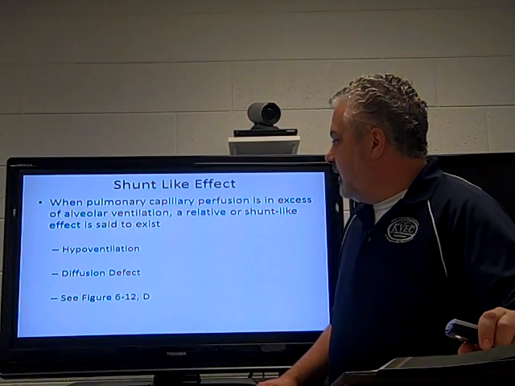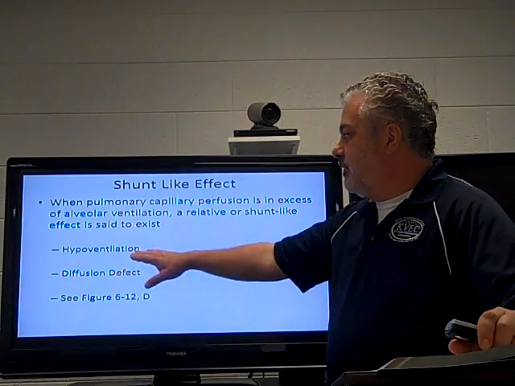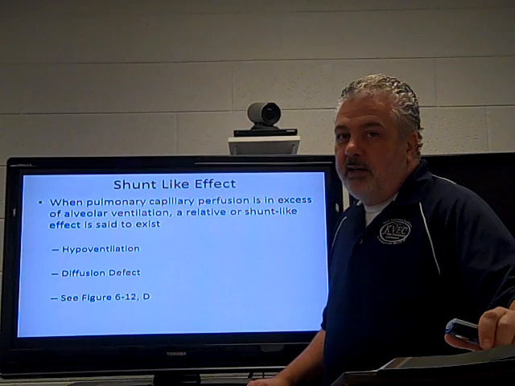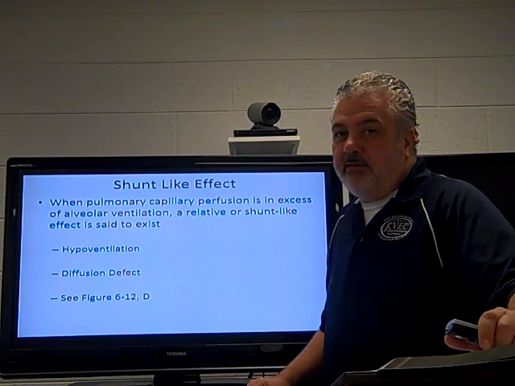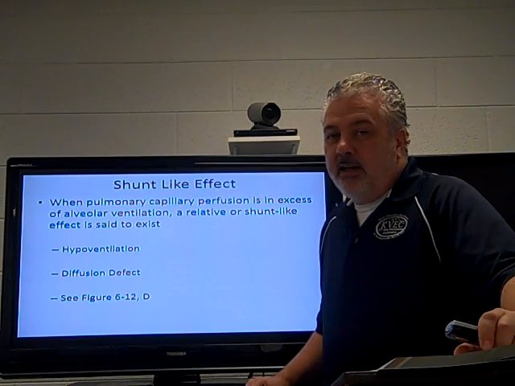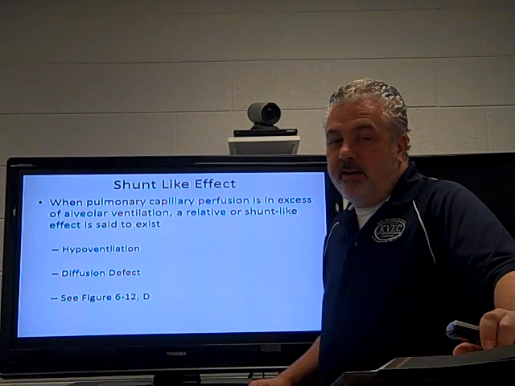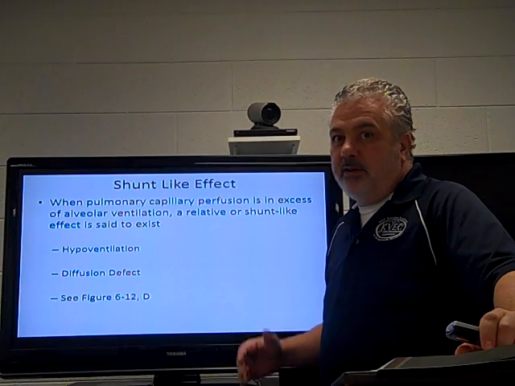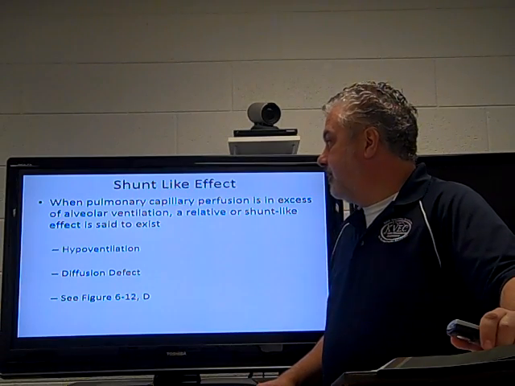Okay. Then we can talk about shunt-like effect, which I want you to focus on hypoventilation as being one of the causes of shunt-like effect, and essentially that if the patient's not breathing in and out effectively, then their oxygen level is going to go down as well as their CO2 level going up.